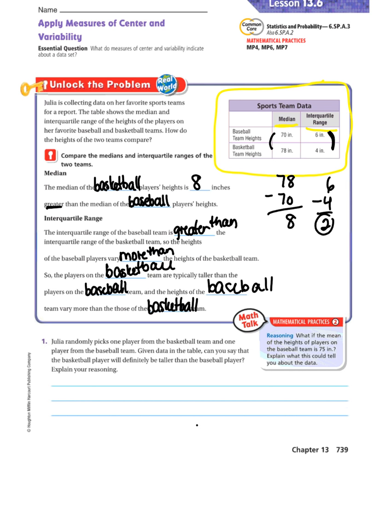Okay, number 1. Julia randomly picks one player from the basketball team and one player from the baseball team. Given data in the table, can you say that the basketball player will definitely be taller than the baseball player? Explain your reasoning. You cannot definitely say that the basketball player will be taller than the baseball player. That could be an assumption you might make, but you cannot make that statement as a fact based on just this chart.